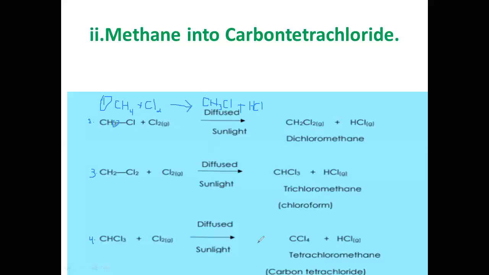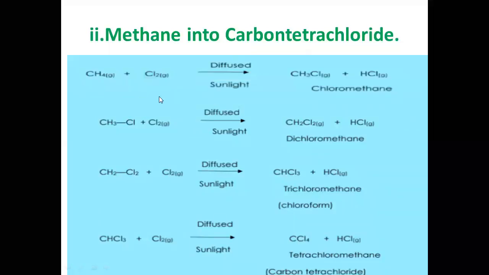The final step is reached when all the hydrogen atoms of the hydrocarbon are replaced by halogen atoms. When all the hydrogens are replaced, the reaction will stop. This was all about the conversion of methane into carbon tetrachloride.